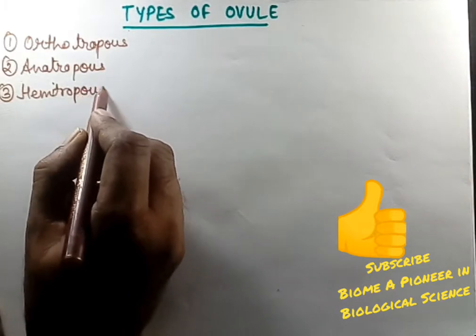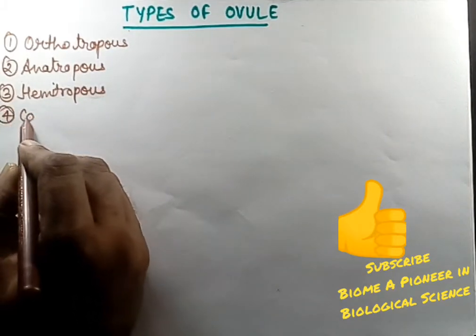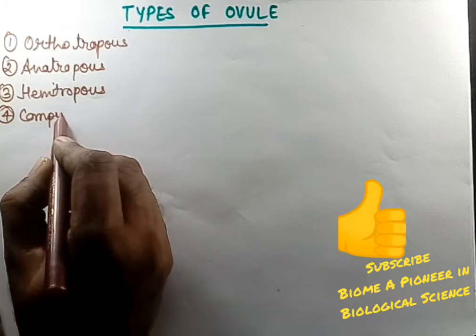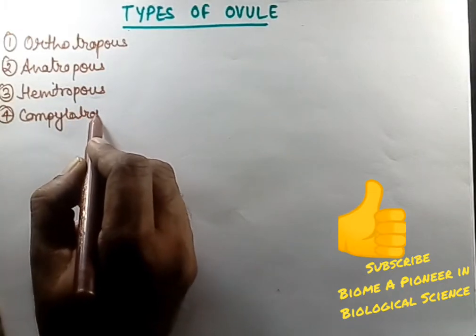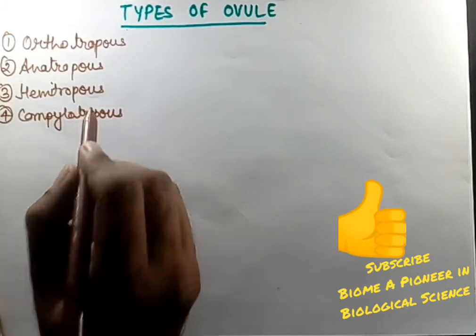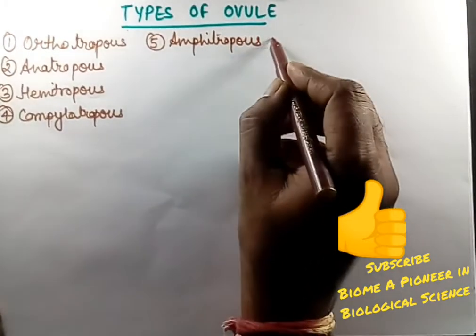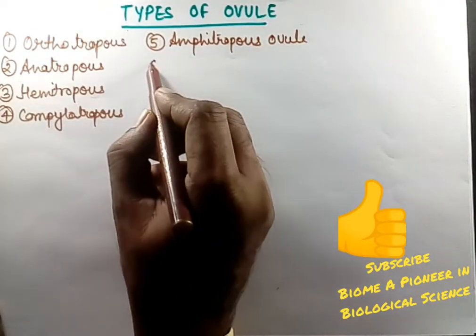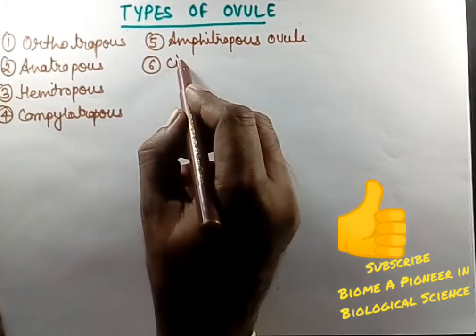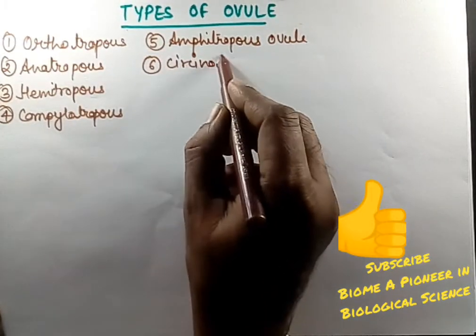Fourth is campylotropous ovule. Fifth is amphitropous ovule. And the sixth one is circinotropous ovule.